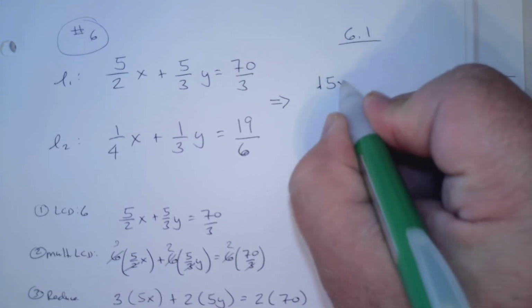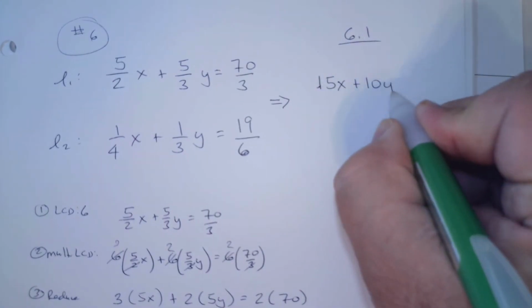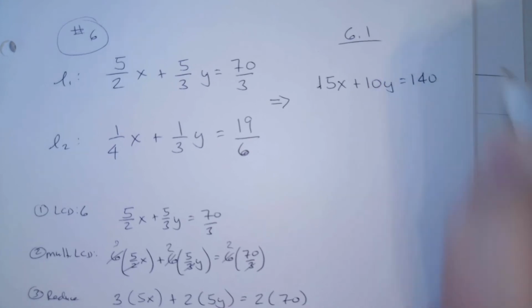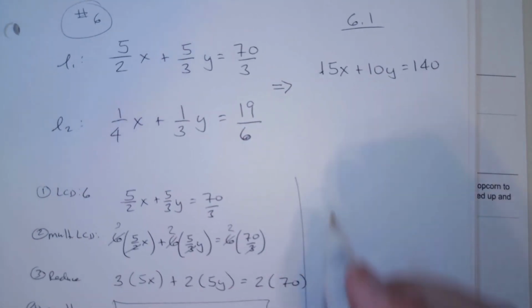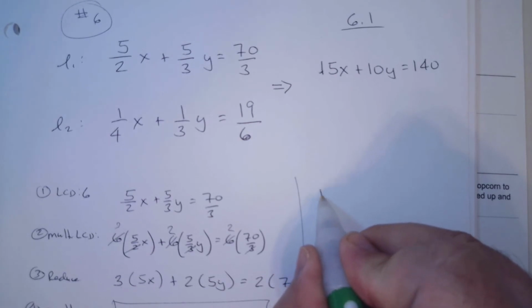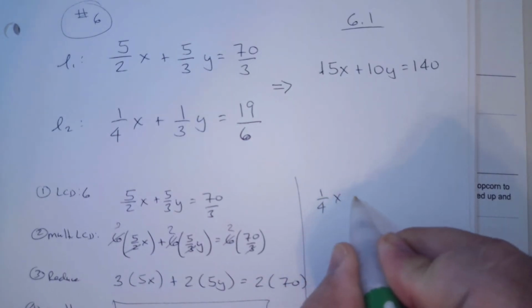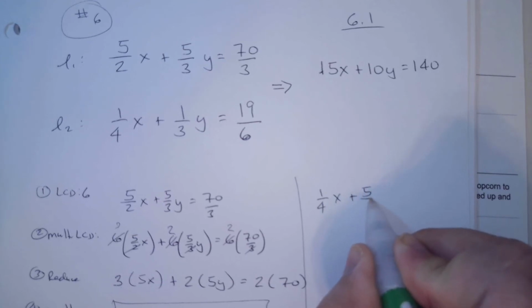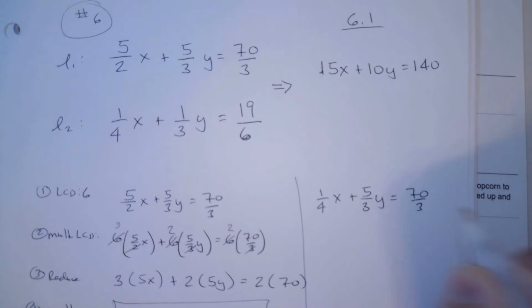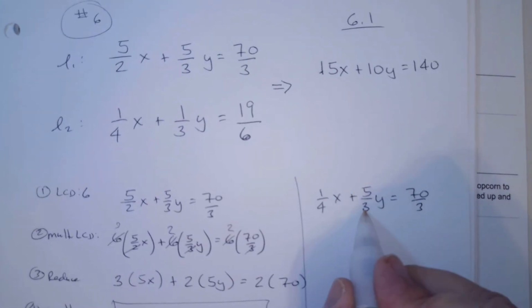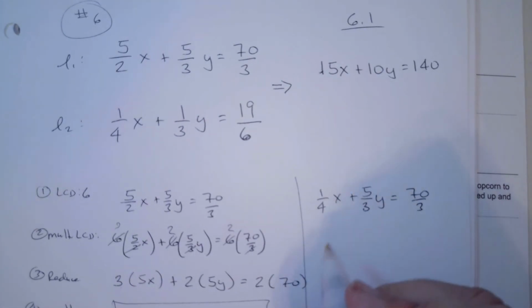Line 1 is 15x plus 10y equals 140. Do the same thing with the second one. We have 1 over 4x plus 5 over 3y equals 70 over 3. The LCD here is 12.